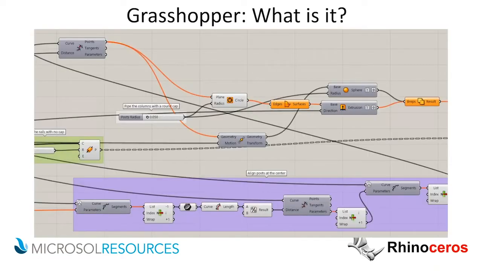Grasshopper, what is it? Basically, if you're familiar with Revit and some of the tools available to you there, specifically Dynamo, I would say that's probably the closest approximation to what Grasshopper does. It's a visual scripting language, and it's a way to automate the 3D modeling and organization process within Rhino. So instead of clicking buttons and menus to run operations on the 3D model, you'll use Grasshopper to link these commands together.